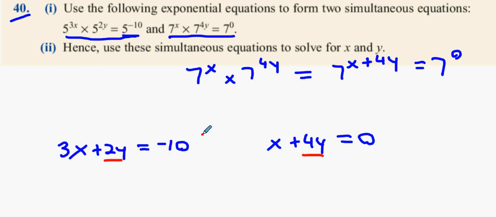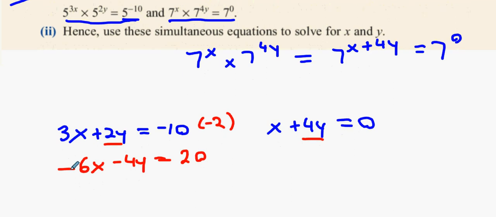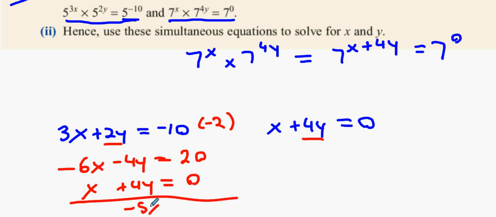So minus 6x minus 4y equals 20. Then the other one is x plus 4y equals 0. Minus 5x equals 20. 5x equals minus 20. X equals minus 4. Okay.